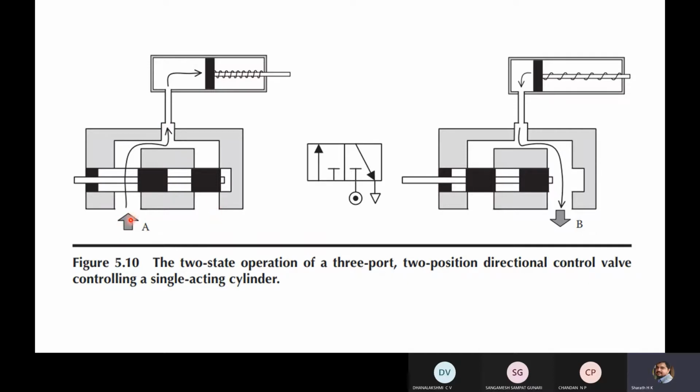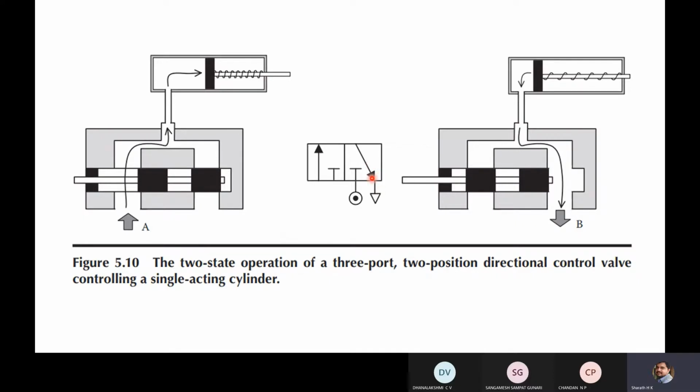So the air will flow from this port, then it will go to the port of the single acting cylinder, and there will be extension stroke. This is the first position. Then by actuating the directional valve, if you are able to switch the position, then this position will get actuated.